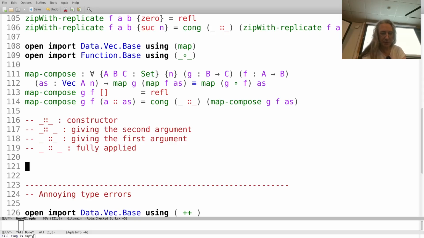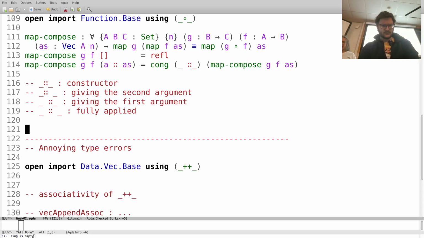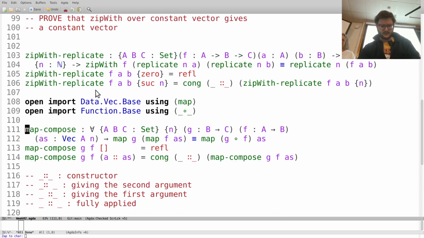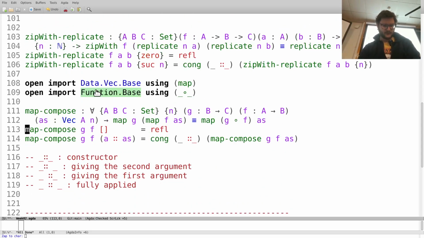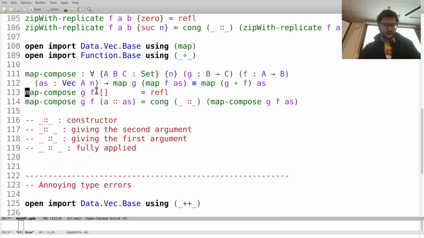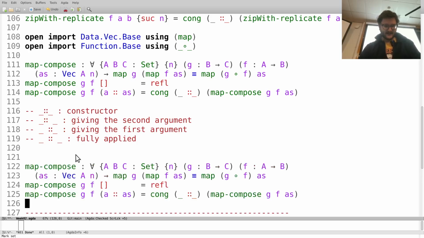Control Y. No, Alt V. No. What do you want to do? I want to paste. Okay. I want to just make a copy of this proof. What? Oh, we're in a minor mode. What? No, it's not selecting anything anymore. All right. Oh, we're in caps lock now. Okay. That's weird.